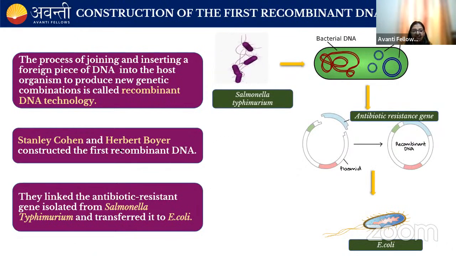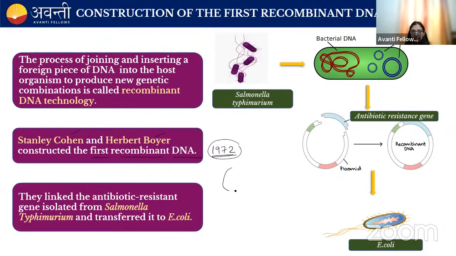Stanley Cohen and Herbert Boyer are the scientists who were involved in the construction of the first recombinant DNA in 1972. Remember this year, it's very important that the first recombinant DNA molecule was constructed in 1972, and the scientists are Cohen and Boyer.